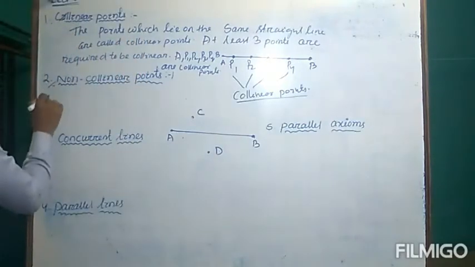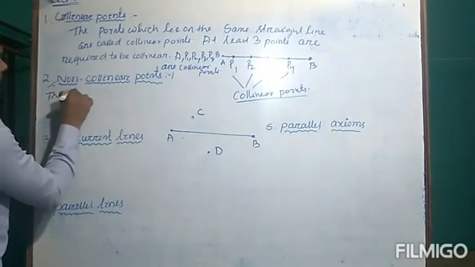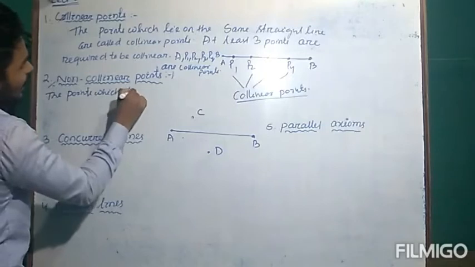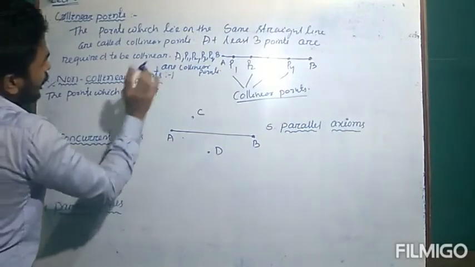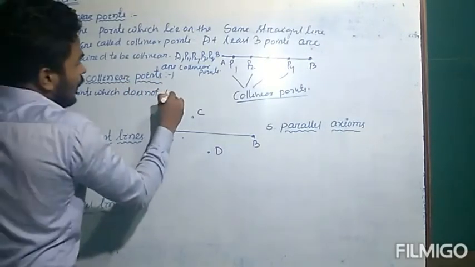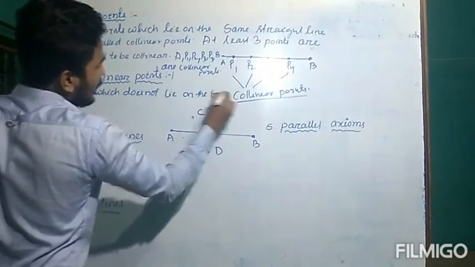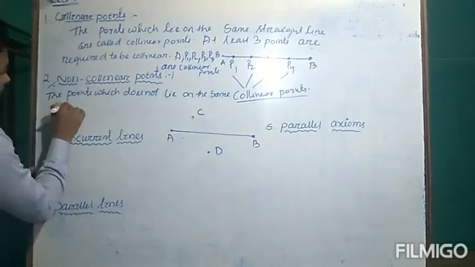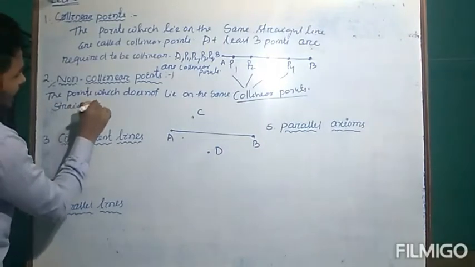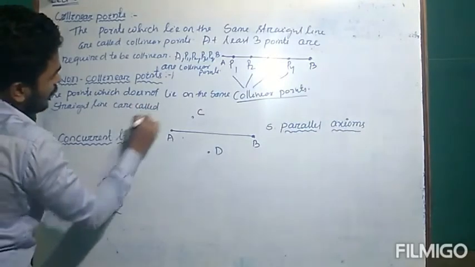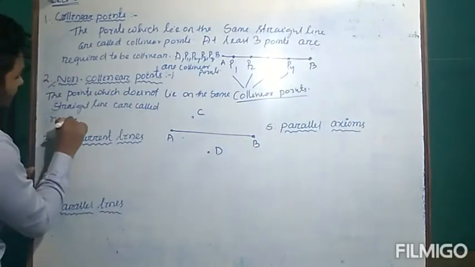So write it. The points which do not lie on the same straight line are called non-collinear points.